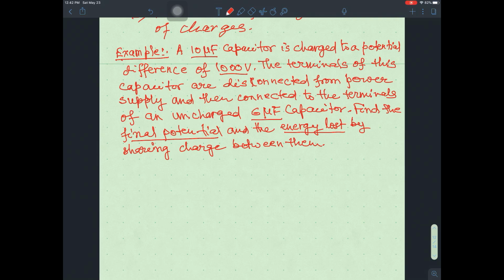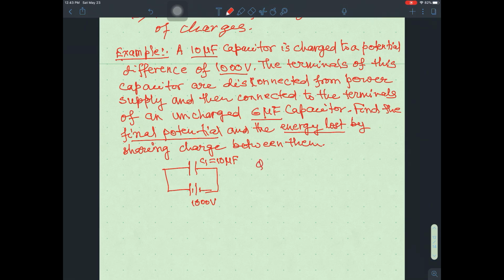So in this situation, the situation is in this way. Here is the capacitor, and this capacitor is connected with the power supply, and its capacitance is your 10 microfarad. So when it is charged with a 1000 volt battery, then the final potential will be 1000 volt across the capacitor.